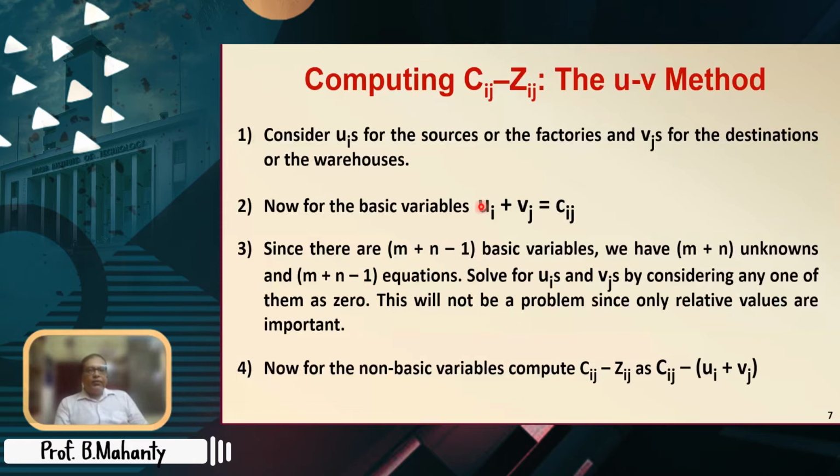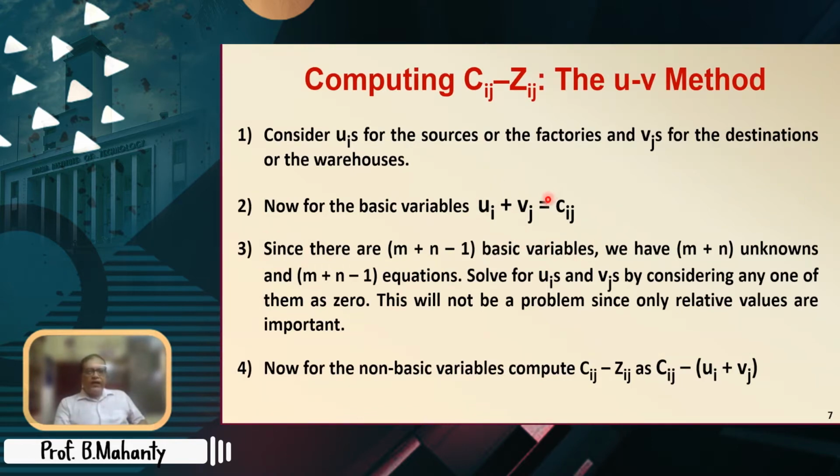That is important because Ui and Vjs are dual variables, and these dual variables are like cost potentials. So we are writing the Vjs as a negative of the cost potential. Instead of a minus sign, we are getting a plus sign, but nevertheless, they are the dual variables and they represent the cost potentials.